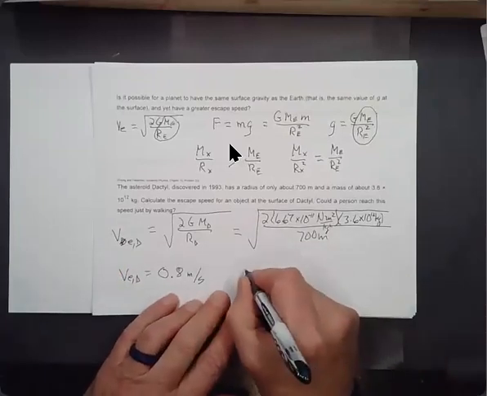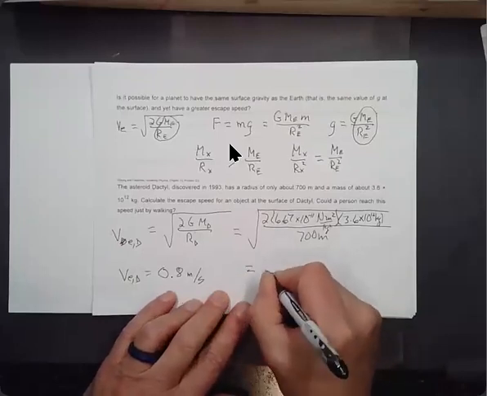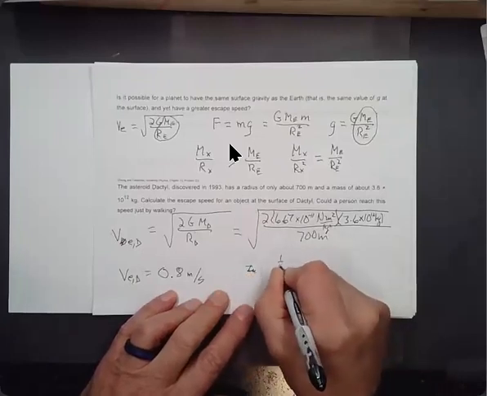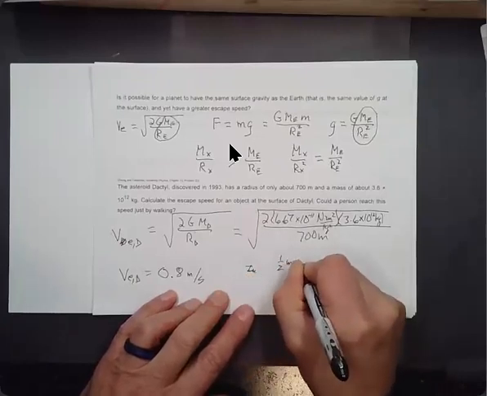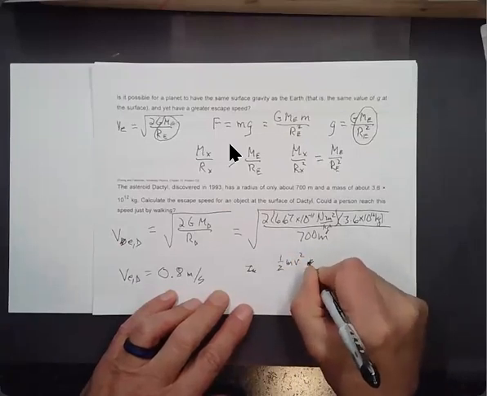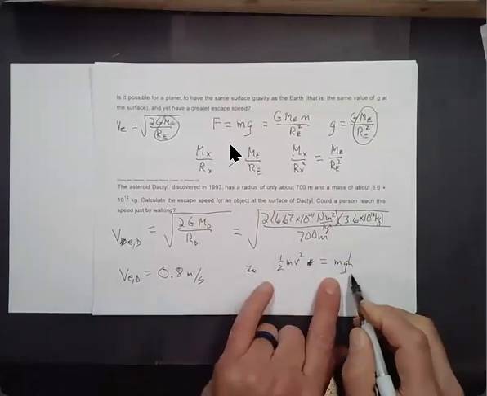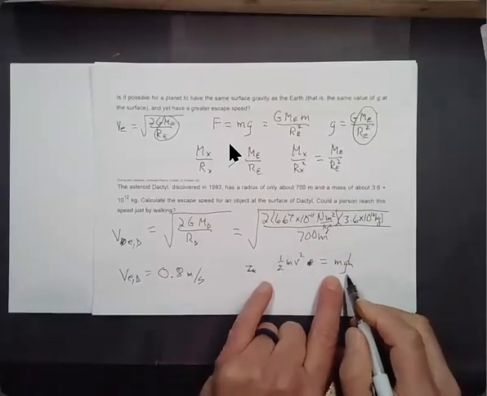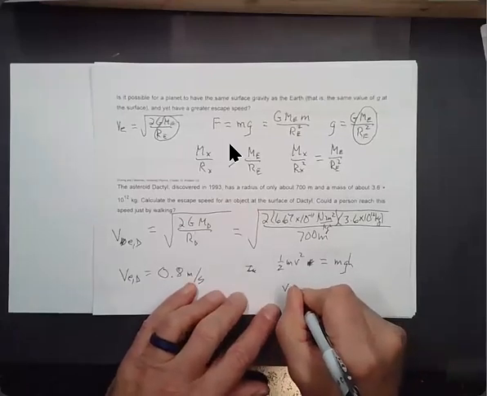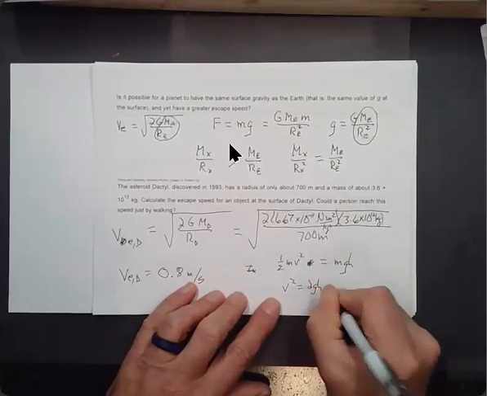Let's suppose we'll just look at gravitational potential energy on Earth. So you'd have 1/2 mv squared equals mgh. Now I can use this because I'm going to be near the surface of the Earth, and the v squared will equal 2gh.